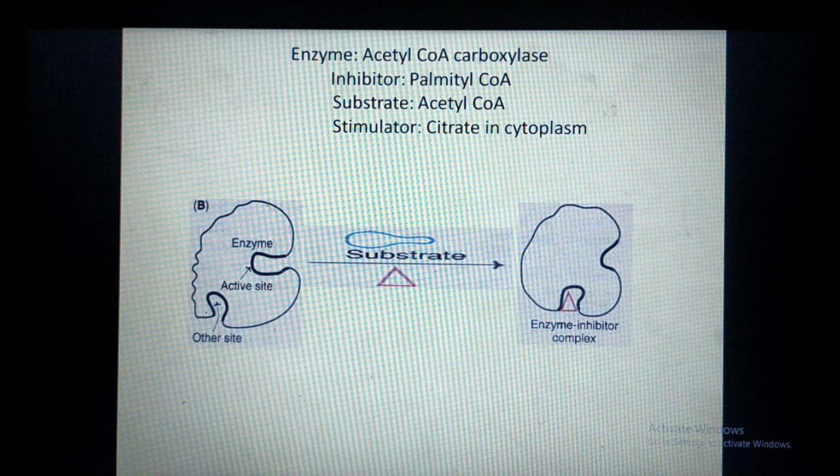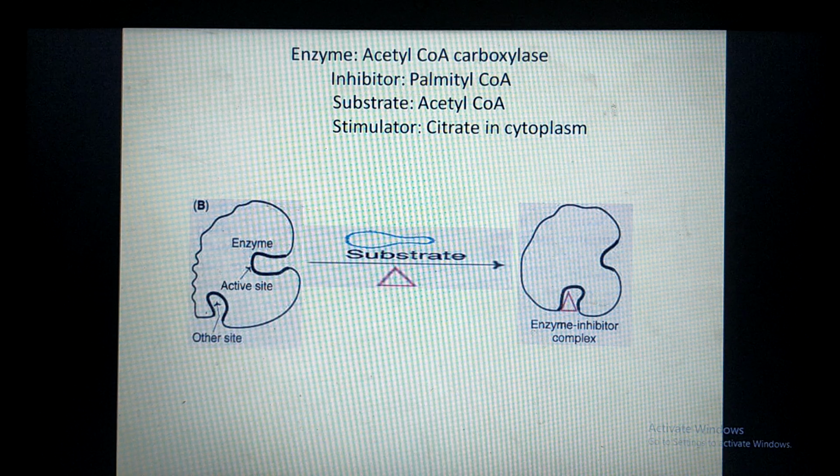So when this palmityl CoA is available, it binds at the allosteric site and brings a conformational change in the active site, which is shown on the right side of the figure. Due to this conformational change in the active site, acetyl CoA does not fit at the active site and the pathway stops.